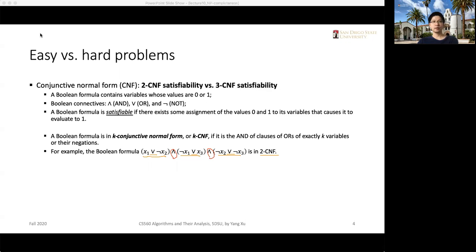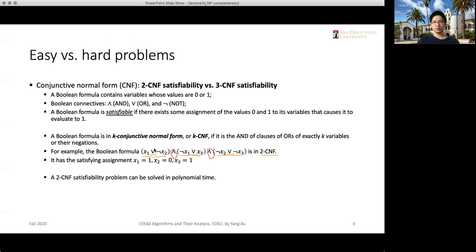Okay, so for this particular example of the 2 CNF, we can, for example, assign x1 to be 1 and x0 to be 0, x2 to be 0, and x3 to be 1. And we can easily check that the first OR will evaluate to 1.